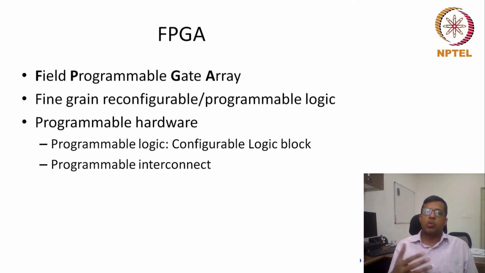Now since it is programmable, it should have two components, programmable logic as well as programmable interconnects. Both of these things we have discussed in brief in one or more of the previous modules, but for the sake of completeness, let's revise it here also to understand what is programmable logic and what is programmable interconnect.